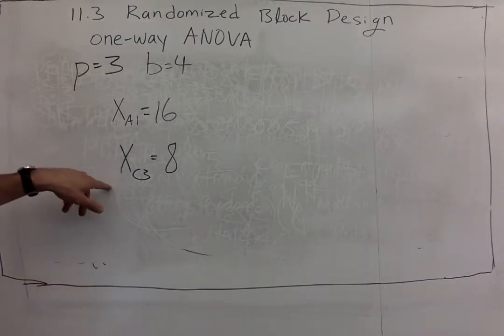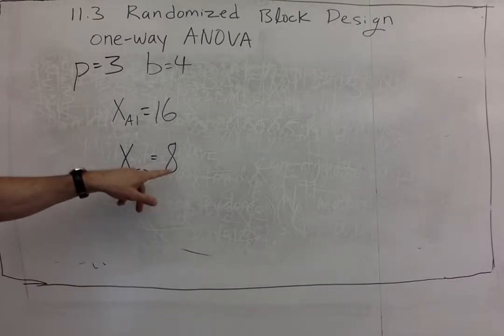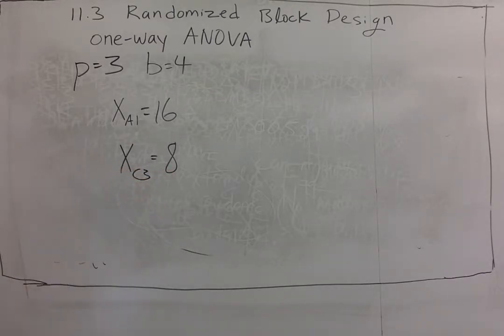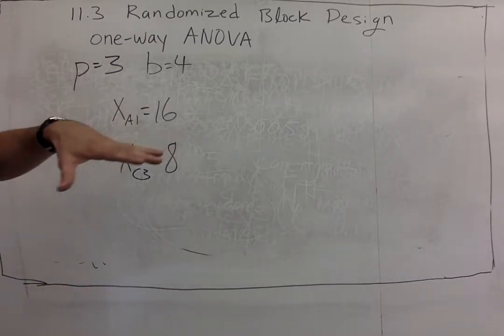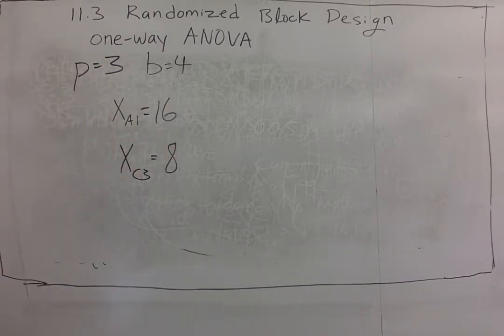Bottle design C at Supermarket 3 sold 8 bottles. And the data is all in the table in the spreadsheet. Normally you'd have a problem to read and you would be able to figure all of this out from reading the problem, but I'm just presenting you with the data in the spreadsheet and doing it a little bit quicker.